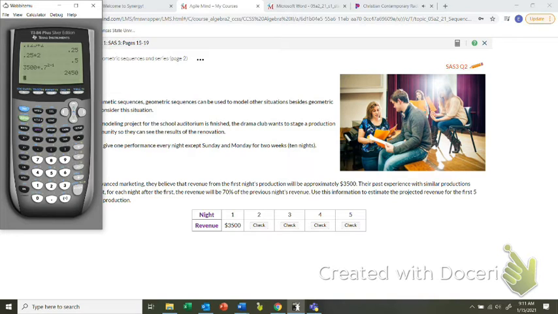Did you get 2450? All right, I want you to do the same thing for night 3, night 4, and night 5. But what is the only difference that you are going to do? You're going to plug in a different number for n. So for night 3, what number are you plugging in? 3. For night 4, where do you plug it in? 4.